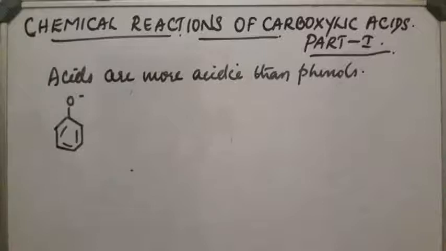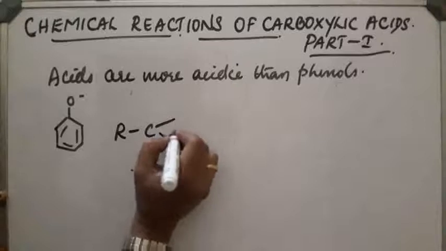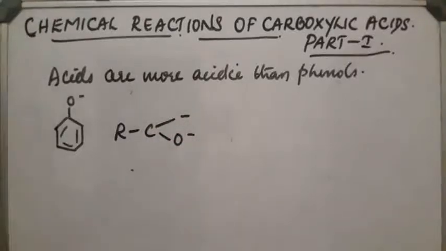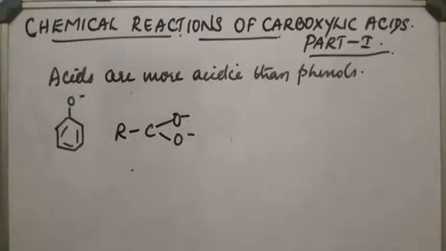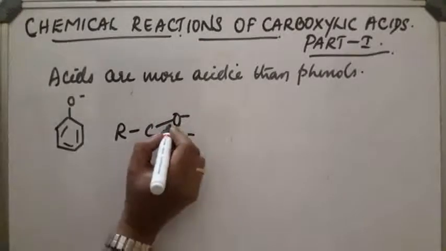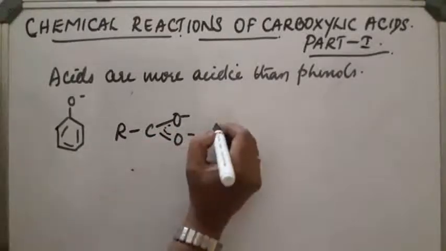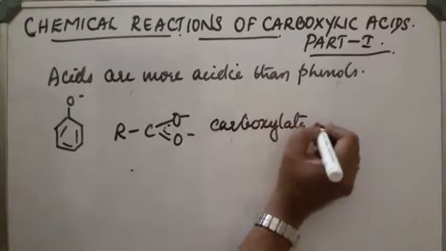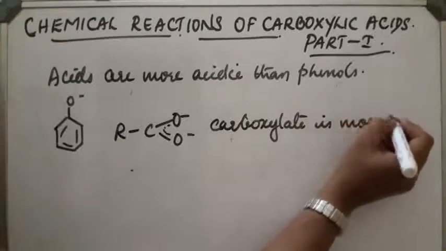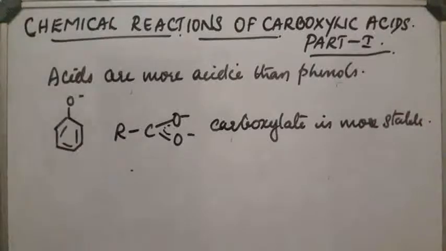But in the case of the carboxylate ion, there is delocalization between the one sp2 carbon atom and two oxygen atoms, which have p orbitals. So delocalization takes place between two oxygen atoms. So the carboxylate ion is more stable compared to the phenoxide ion. So we can explain that acids are more acidic than phenols.